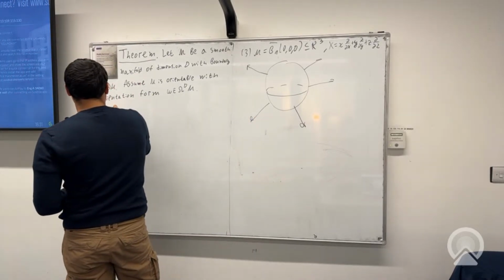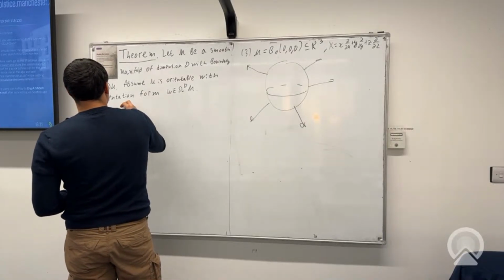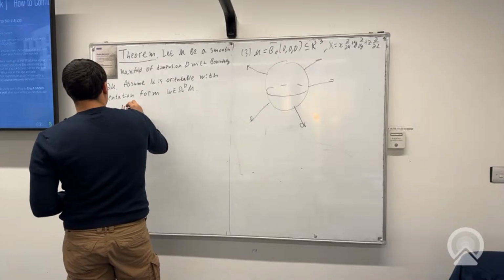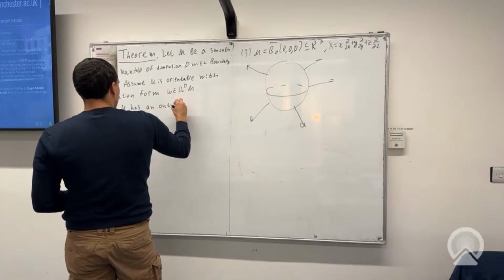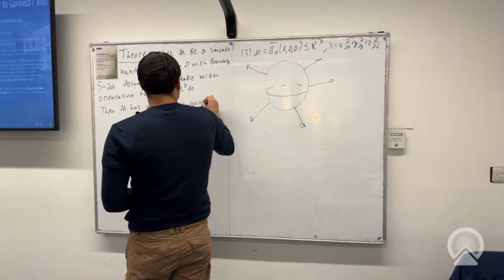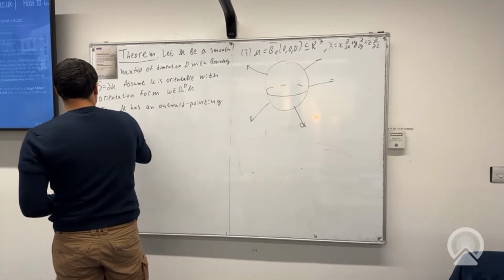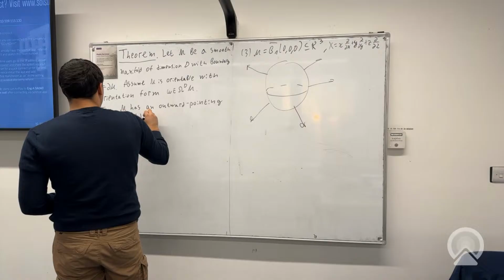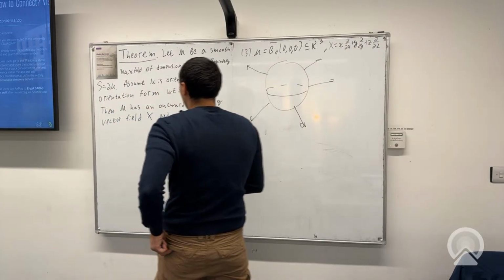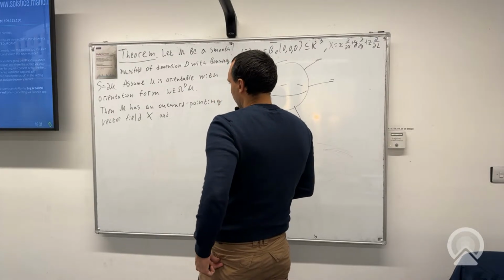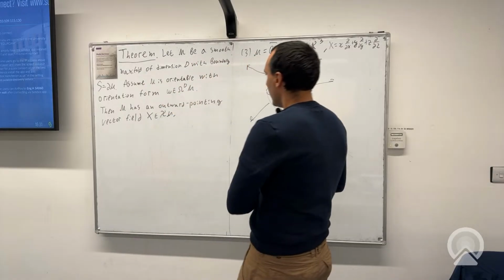Then M has an outward pointing vector field X.